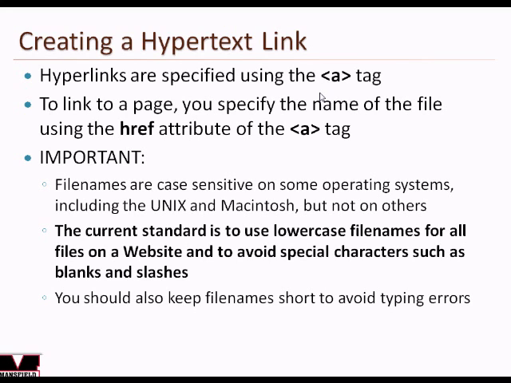But the key with the A tag is that whatever the content of the A element is becomes a completely clickable hyperlink. If you make just a single letter a hyperlink, that's okay. You can make an entire paragraph a single hyperlink. You can even make an entire web page a hyperlink, which would be silly, but you can.